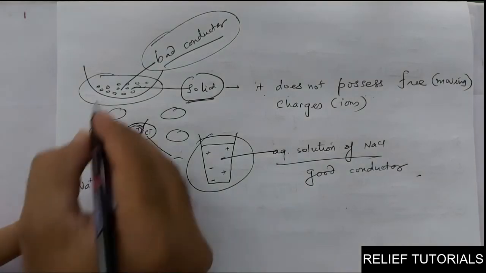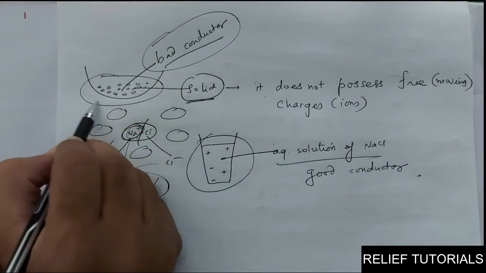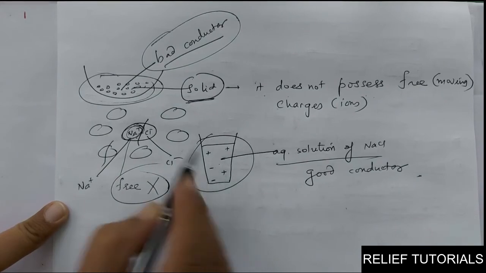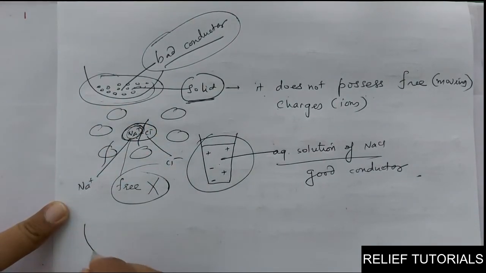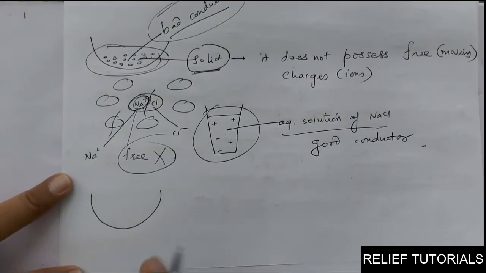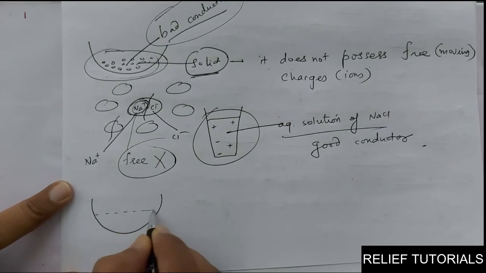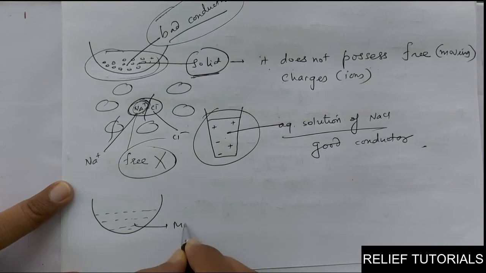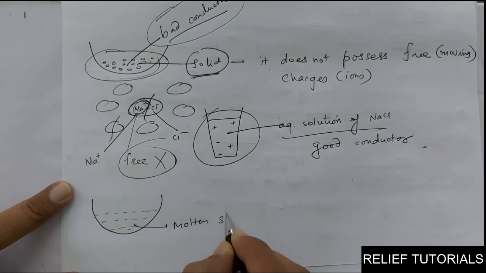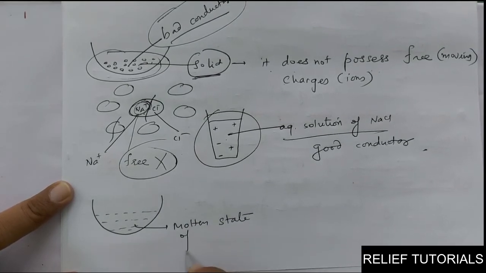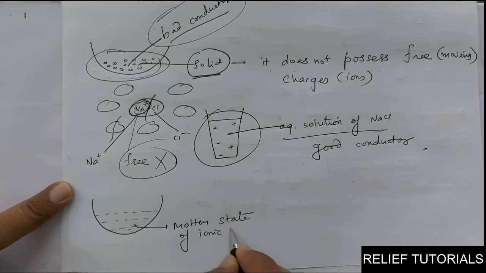One more idea: if we do not dissolve this NaCl in water and if we just melt it by heating, by supplying an extraordinary amount of heat, this is the molten state of an ionic compound. In this, what happens?